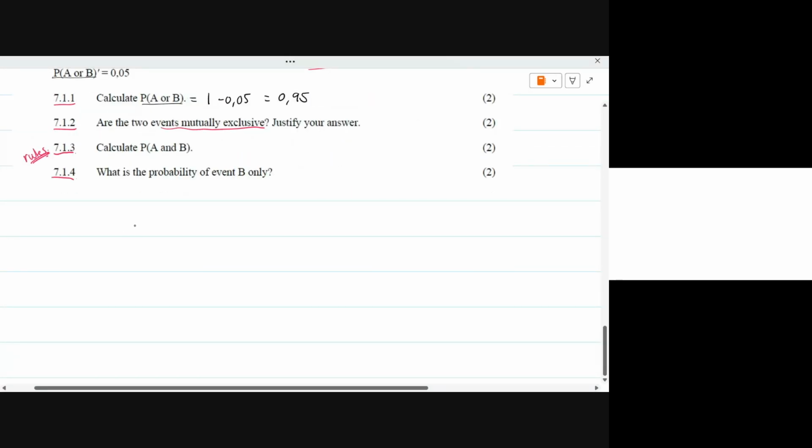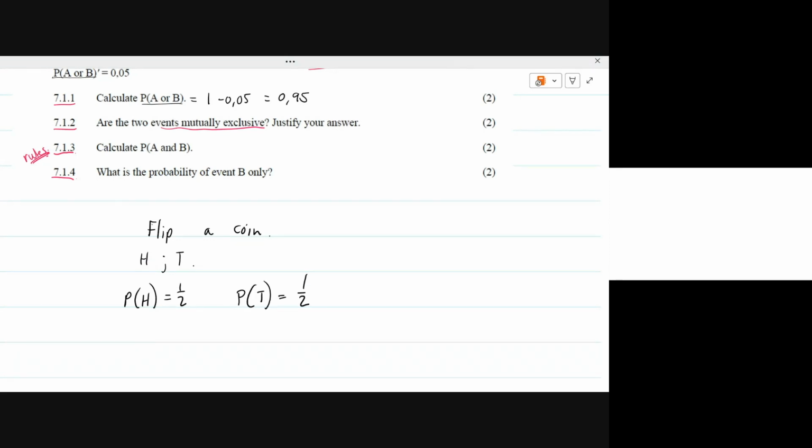So let's say, for instance, I flip a coin, right? If I flip a coin, what are my two options, Kanyo? My options are either heads or tails. If I know that the probability of heads is a half, and the probability of tails is a half, are you okay with where I'm getting the half and the half?